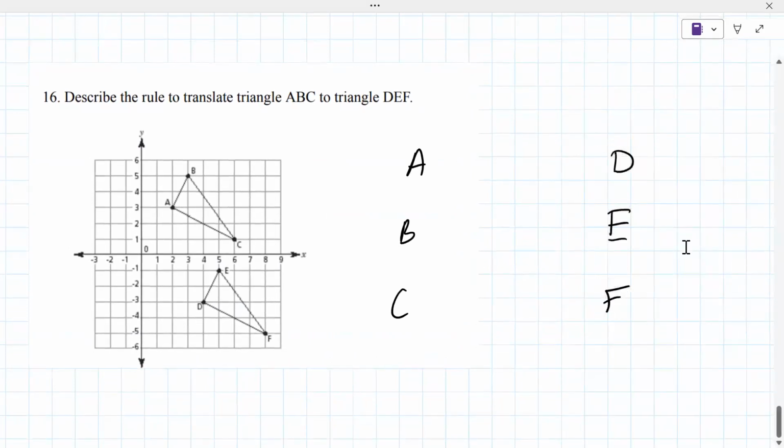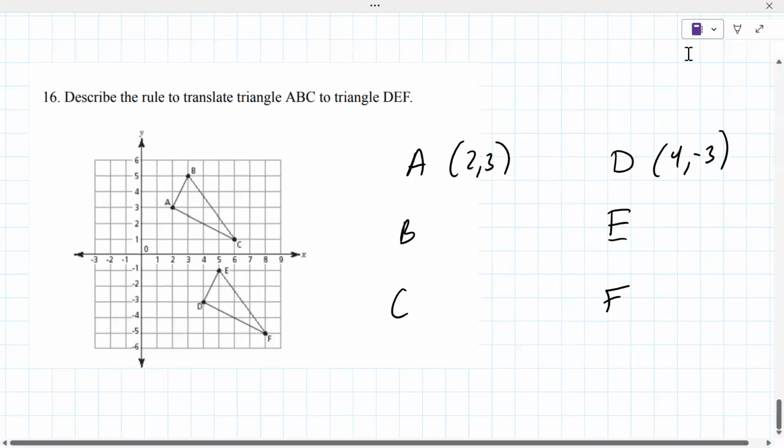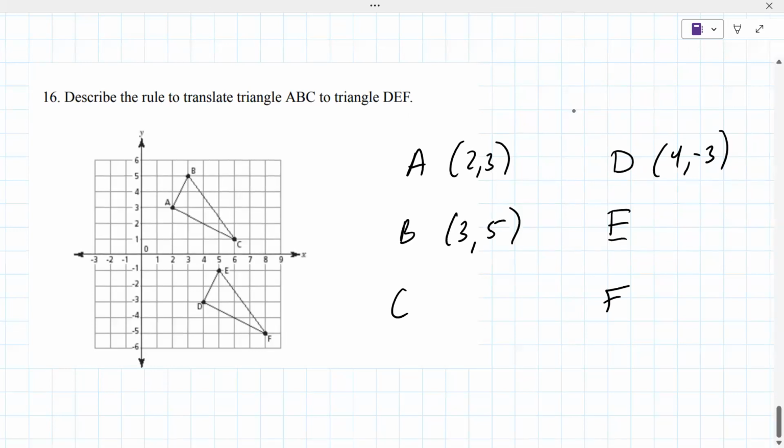For example, A is 2, comma 3, and point D is 4, comma -3. So what's the rule here? B is 3, comma 5. E is 5, comma -1. C is 6, comma 1. And F is 8, comma -5.